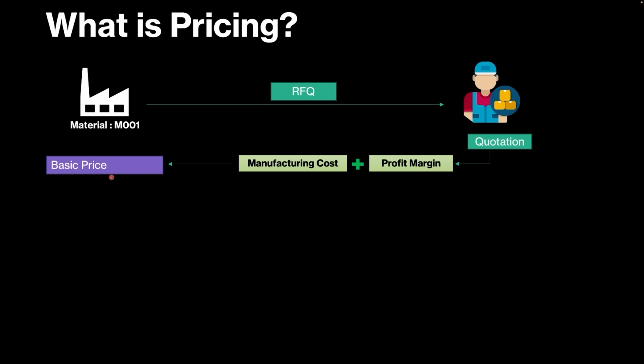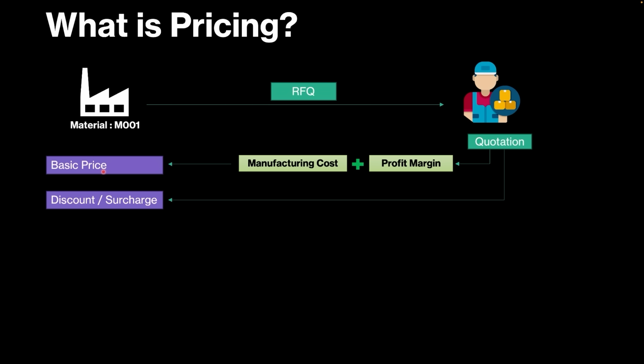Now depending upon various conditions, vendor may also quote a discount or a surcharge. That is, let's say based on the market conditions or based on the quantity that you want to purchase from the vendor, the vendor may offer you some discount, or rather than offering a discount, the vendor may also levy some surcharge on this basic price.